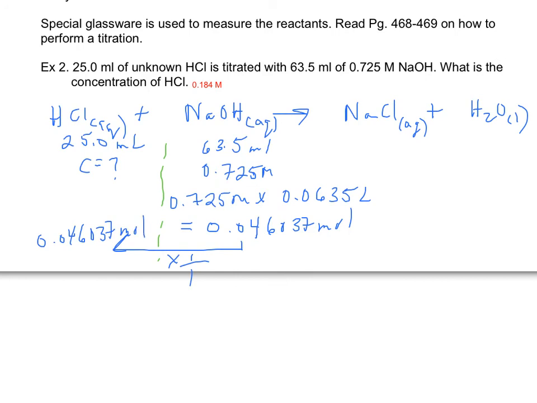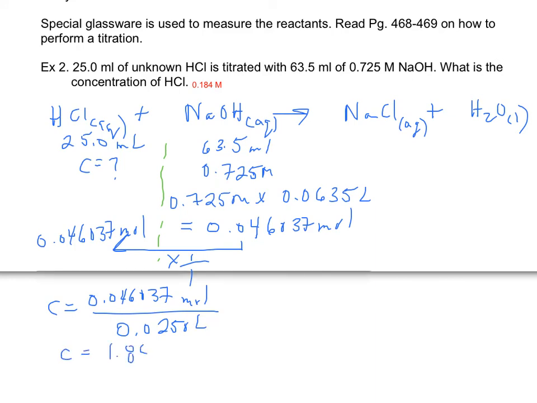In order to answer the question, I need to use C equals N over V again. There's the moles of acid that was neutralized, and I'm going to convert the volume 25 mL into liters in order to sub it in for V. Looking at my original numbers in the question, they each have 3 sigdigs.